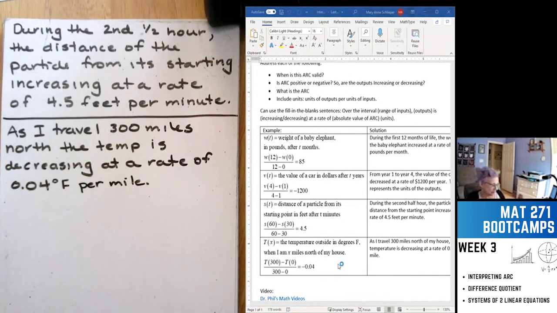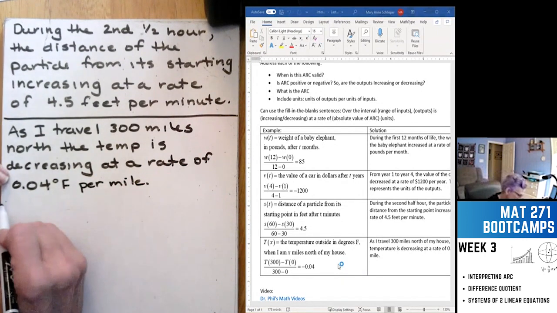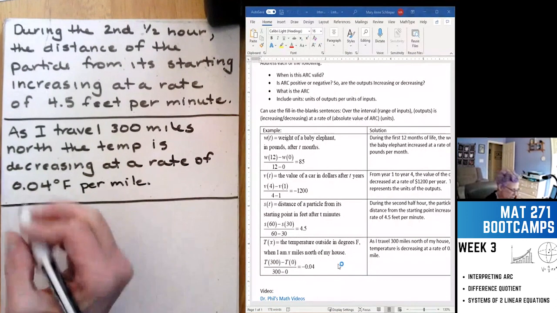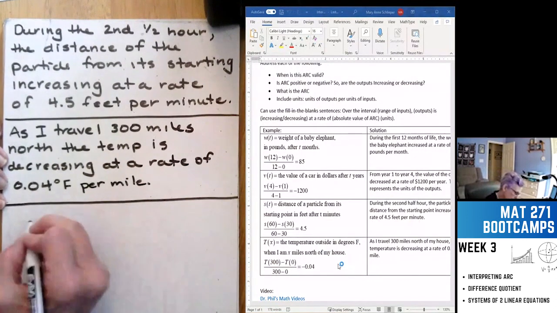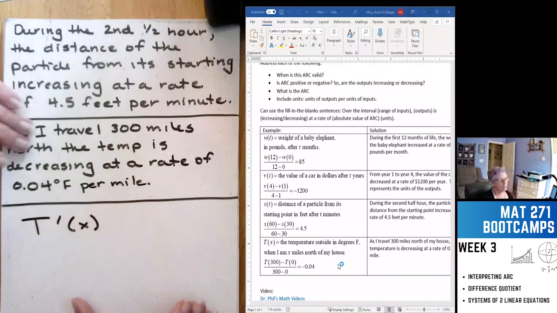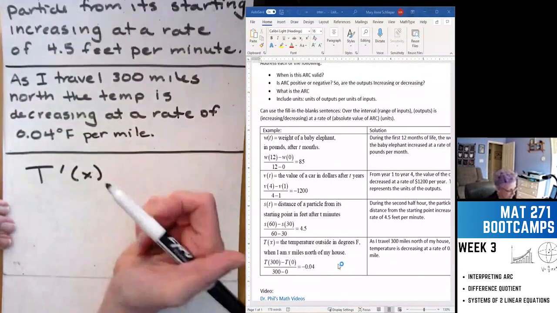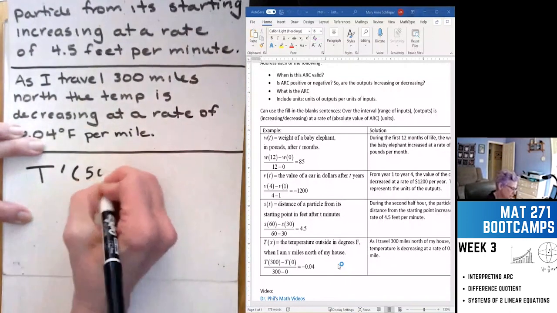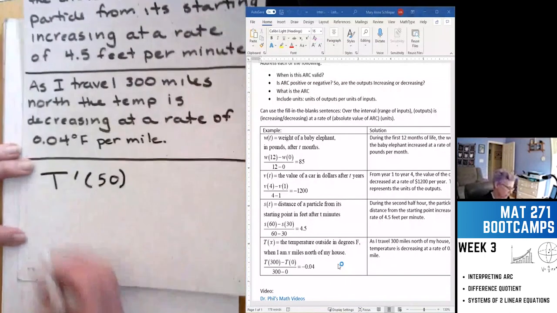Now with instantaneous rates of change, which is what you'll be interpreting in your calculus classes, if you were just given perhaps T prime of x, and let's put a number in there, T prime of 50.